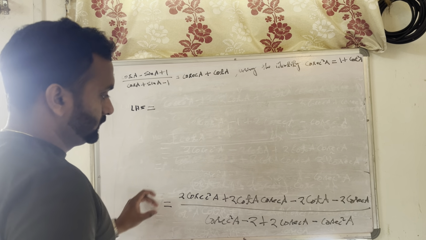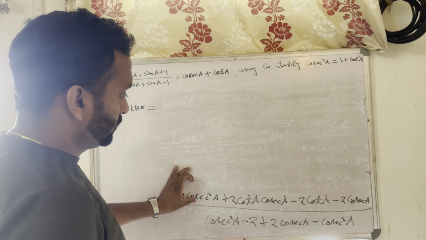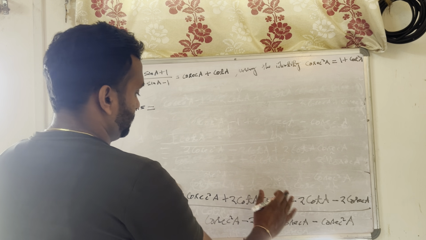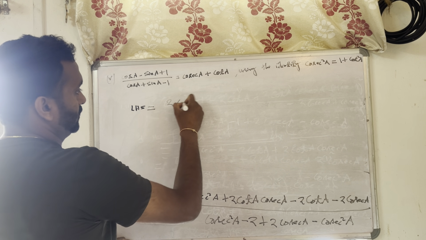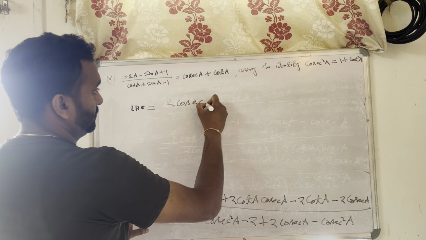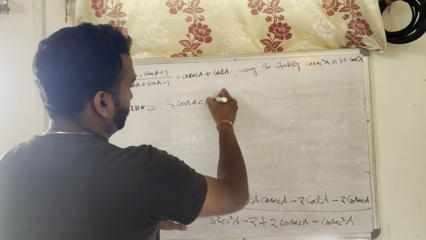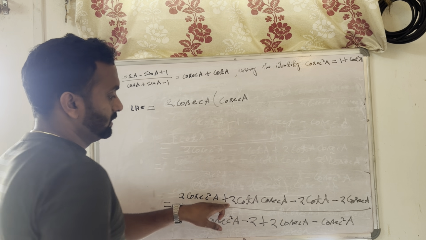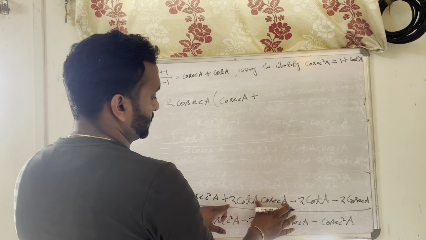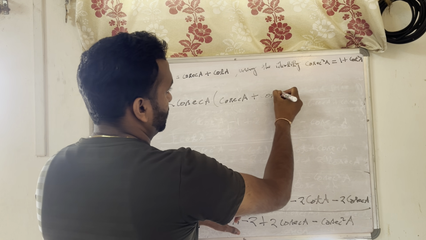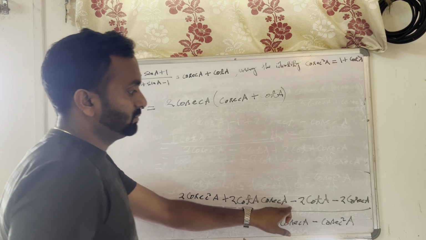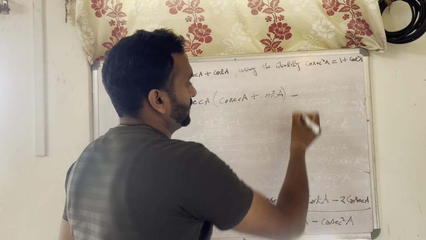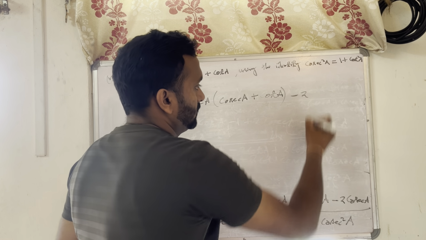So if I take common 2 and cosec from these two pair, how much will we get? 2 cosec, if I take common 2 cosec A, then we are getting cosec A plus, since we took cosec A common, we will be left with cot A. Then from these two things we can take common minus 2, and anything else?